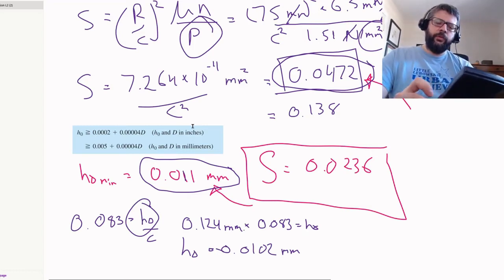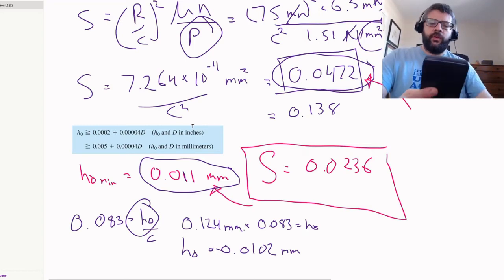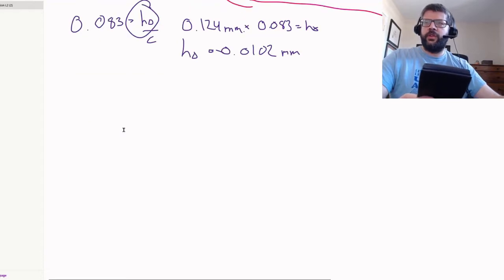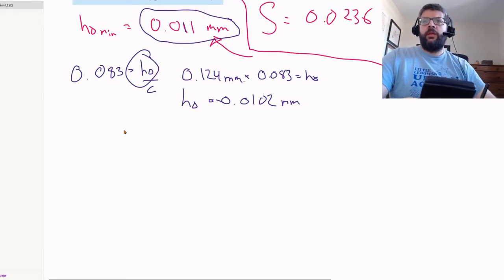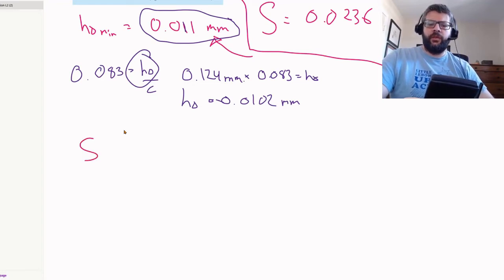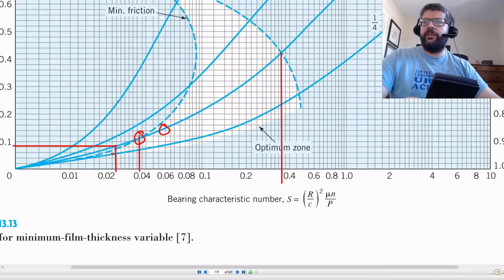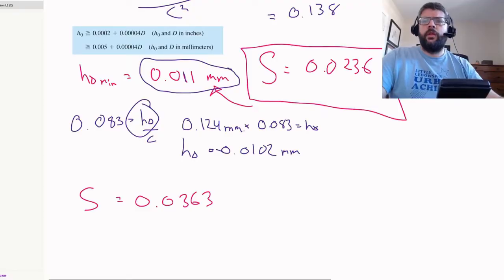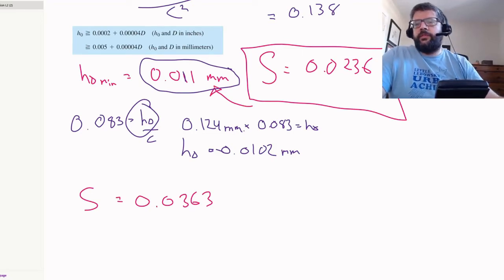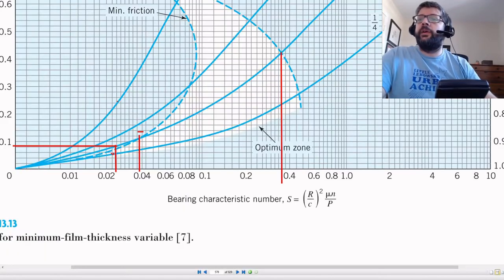Divide that by 2 to get our overload condition, and there we would have an S equal to 0.0363. I don't know why I go to that many decimal places, too many really for looking something like that up.